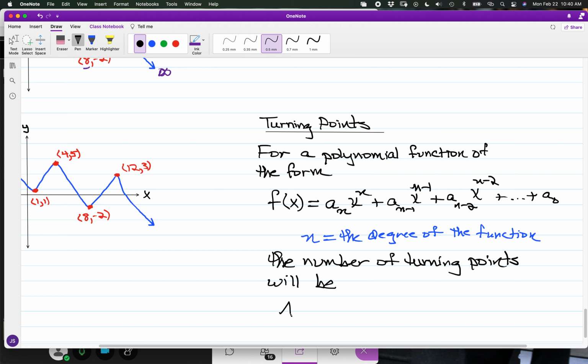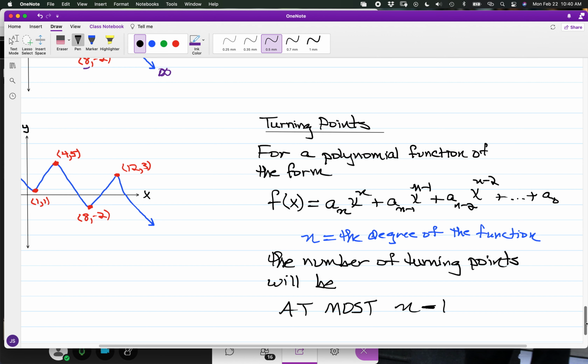And I'll stress this, it's going to be at most n minus 1. Okay, so for a polynomial function of this type, where n is going to be the degree of the function, the number of turning points will be at most n minus 1.